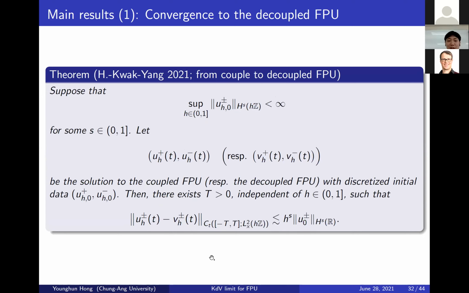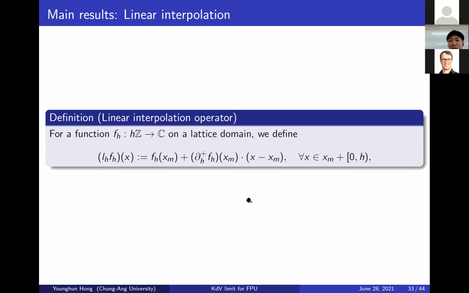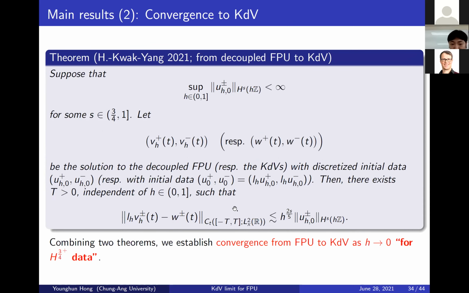So this is a rigorous justification of the first observation. Next, using the linear interpolation I mentioned earlier, we proved, under some assumption on the initial data, the convergence from the decoupled FPU to the KdV equation with this rate.